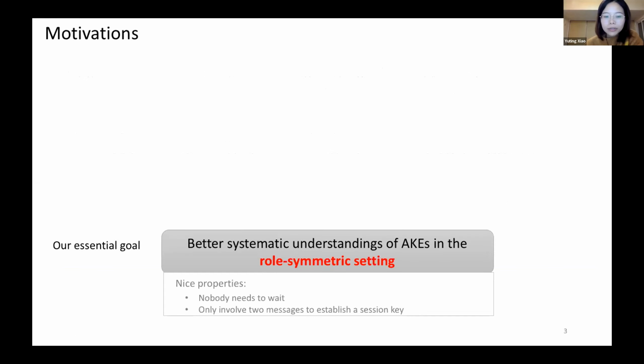So our essential goal is to give a better systematic understanding of AKEs, more specifically in the role symmetric setting, where nobody needs to wait and it only involves 2 messages to establish a session key. These are nice properties for practical use.